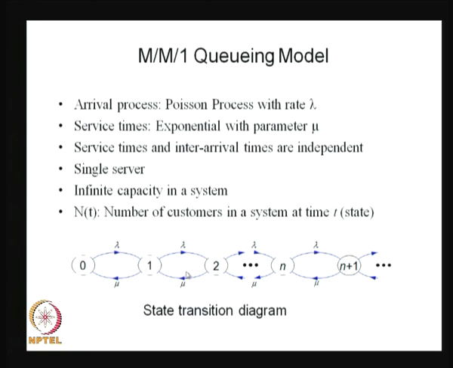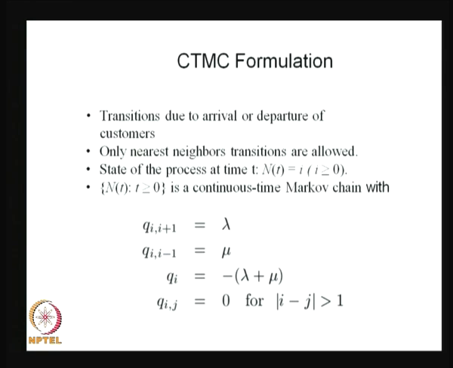It won't move from 2 to 0 or 3 to 1 and so on. Therefore, this CTMC is a birth-death process. So, I am connecting the CTMC with the M/M/1 queue, in particular the CTMC with the birth-death process, because the transitions are due to arrival or departure of a customer, and only nearest neighbor transitions are allowed because of the assumptions which we have made.